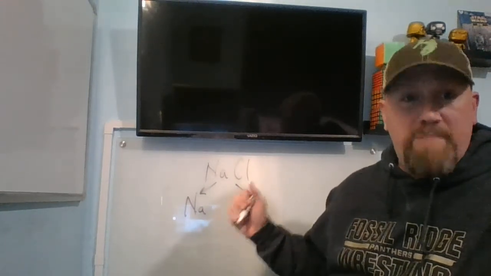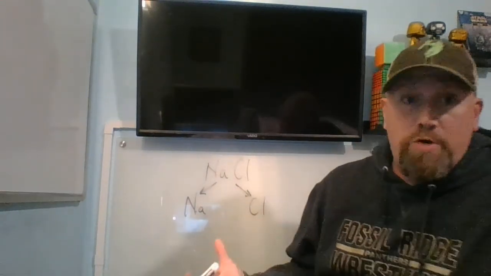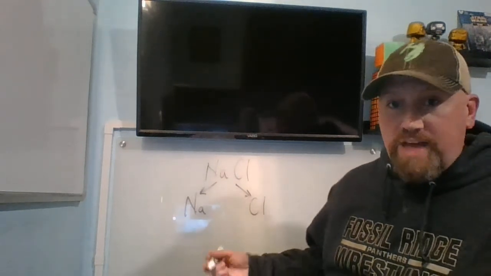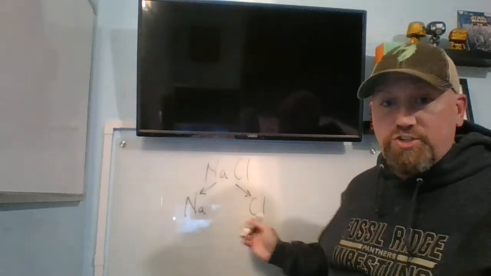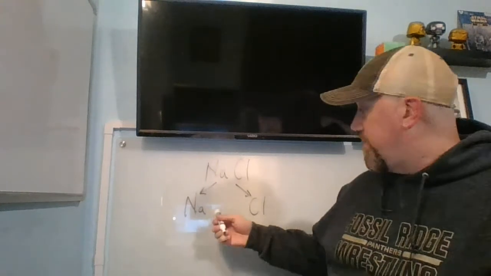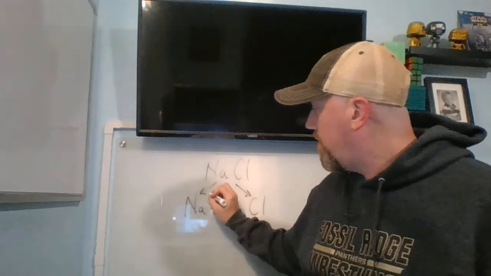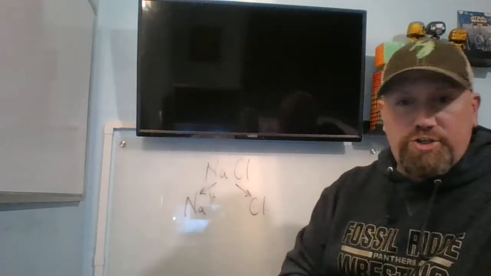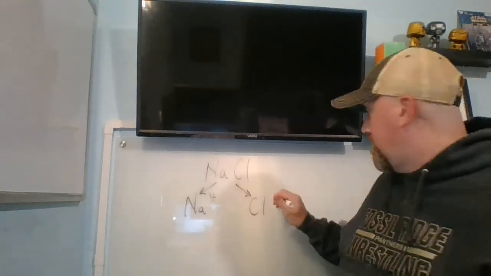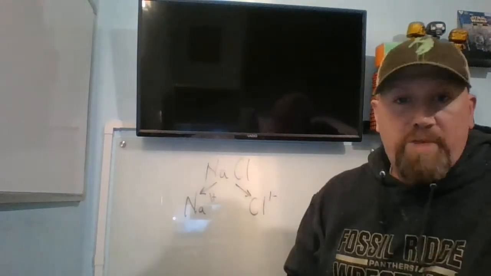What helps us know it's an ionic compound is that when it splits into these 2 parts, the sodium has a 1 plus charge, and the chlorine has a 1 minus charge.